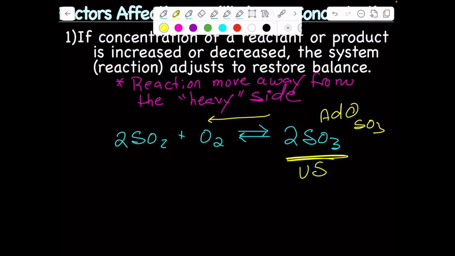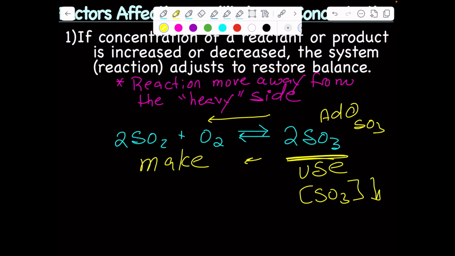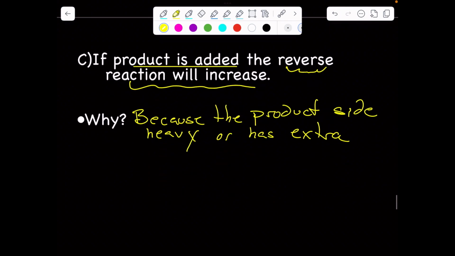So we're going to be using SO3 to make SO2 and O2. So if we're using SO3, the concentration of SO3 is going to decrease, and the concentration of SO2 is going to increase, and the concentration of O2 is going to increase because we're making more. All right.